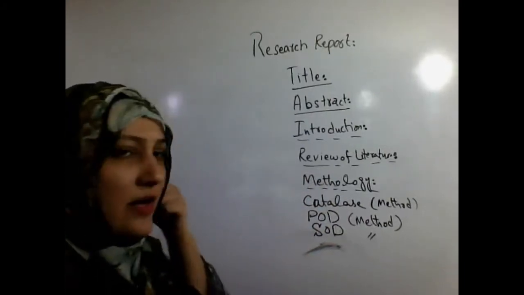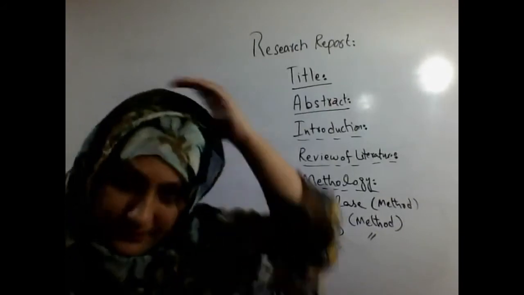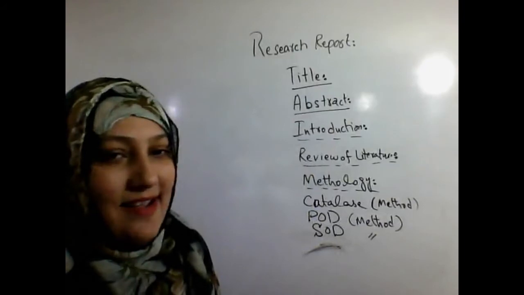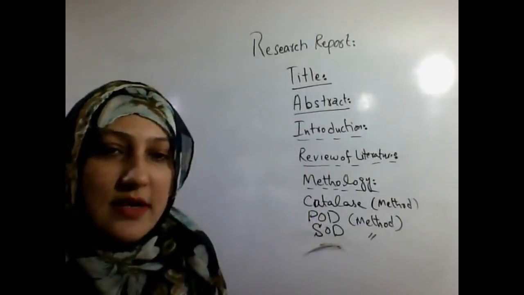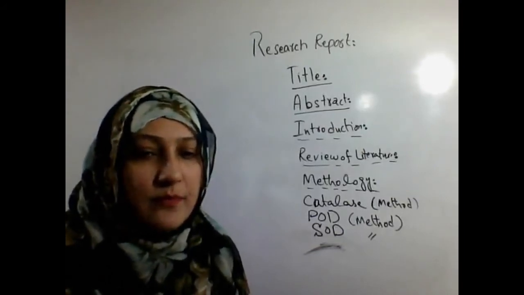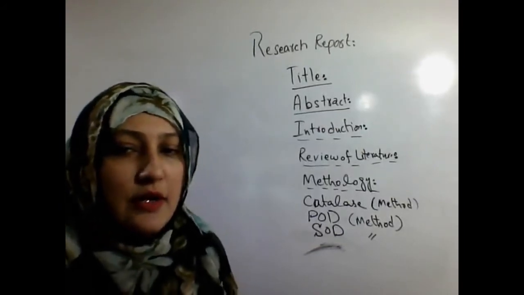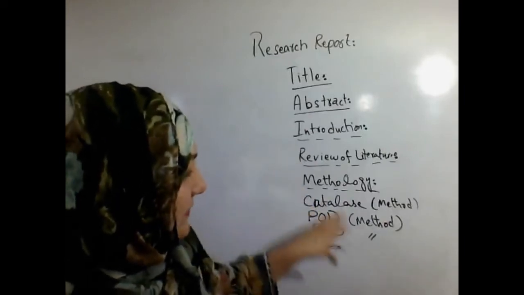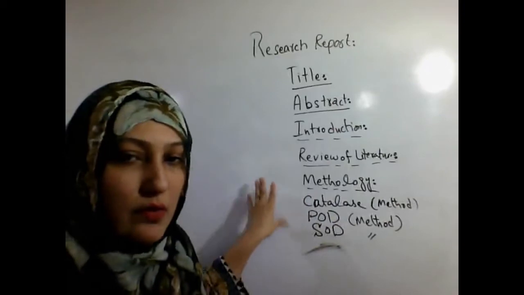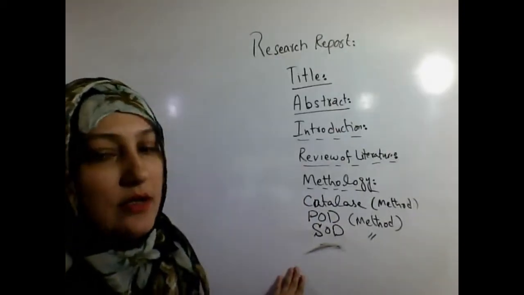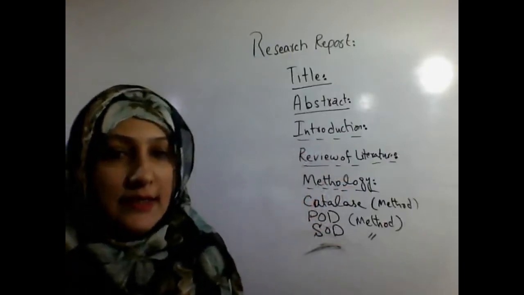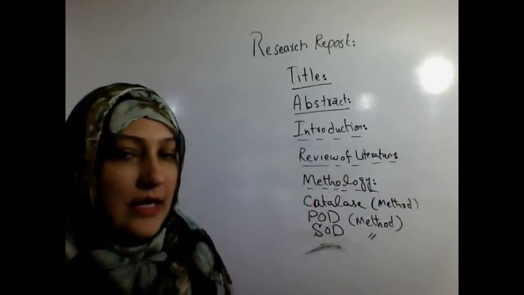If you study different medical enzymes, like the amount of alkaline phosphatase, or the amount of glucose present in the samples of your patients, you have to give the method by which you have calculated the amount of glucose present in the sample. So you have to give the complete methodology of your research, what you have done in this section.